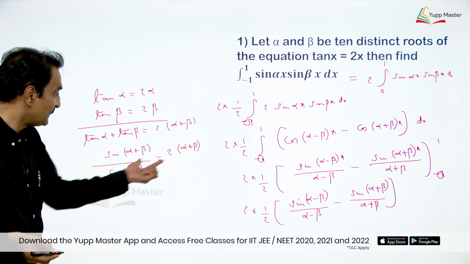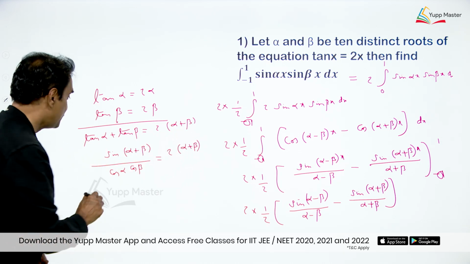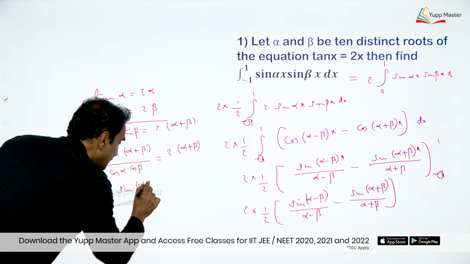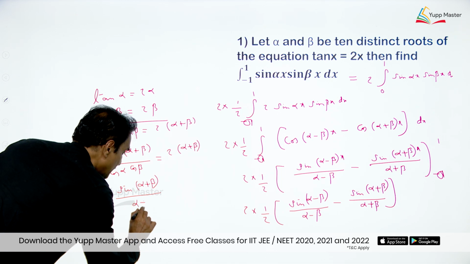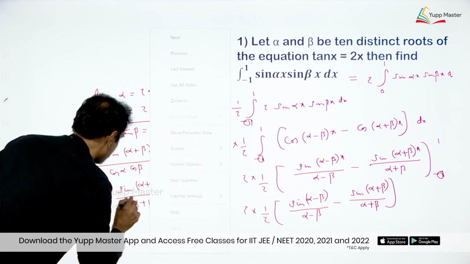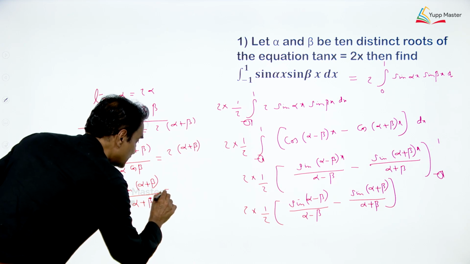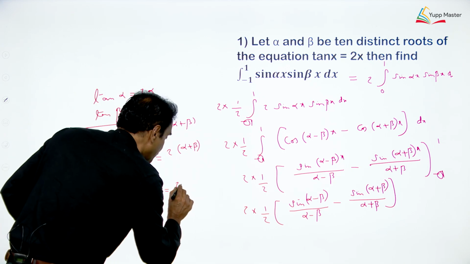Then taking alpha plus beta to the left hand side and cross multiplying by cos alpha cos beta, you will get sin (alpha plus beta) by (alpha plus beta) is equal to 2 cos alpha cos beta.